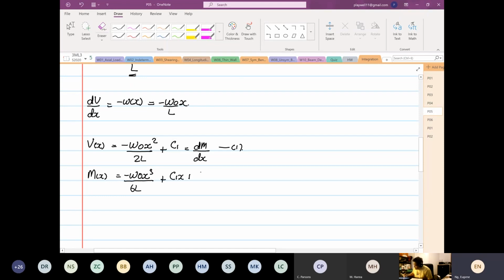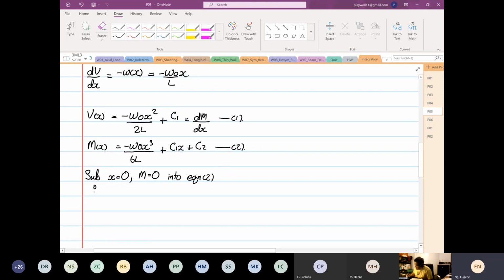Right. So now we have 2 boundary conditions we can substitute. We can substitute when x is equal to 0, M is also equal to 0, and we substitute into equation number 2. So for this case, we know, therefore, C2 is equal to 0.